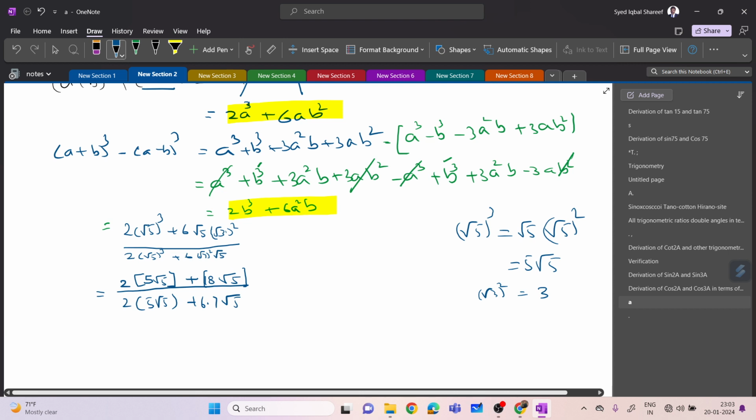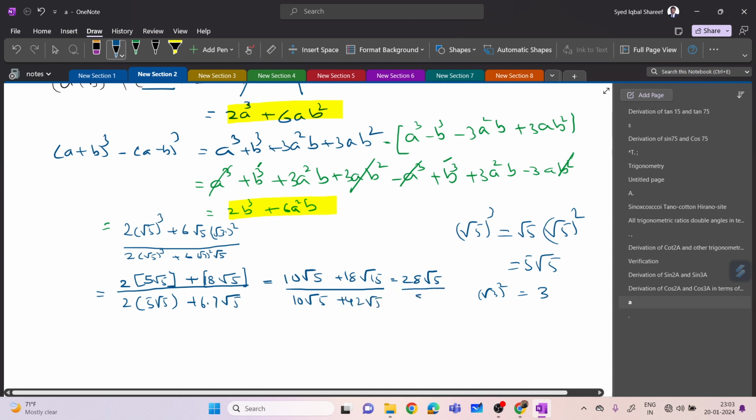So how much? 2 times 5 is 10. 10 root 5 plus 18 root 5 equal to 28 root 5, divided by 5 twos are 10, 10 root 5 plus 6 sevens are 42, 42 root 5.